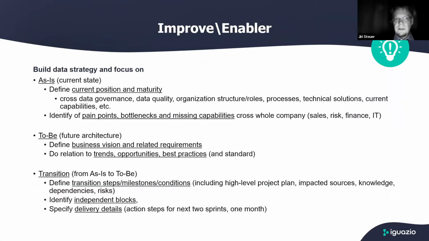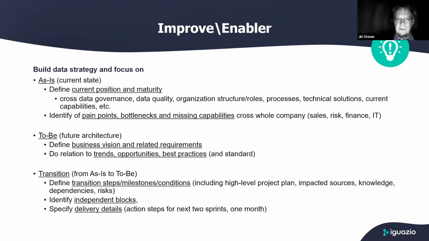What does it mean in detail to start this improvement? The data strategy is the enabler for the delivery. This data strategy usually contains current state, future architecture, and transition. We covered in the current state our position and maturity, cross data governance, data quality, technical solution, and so on. We identify detailed pain points, bottlenecks, and missing capabilities.